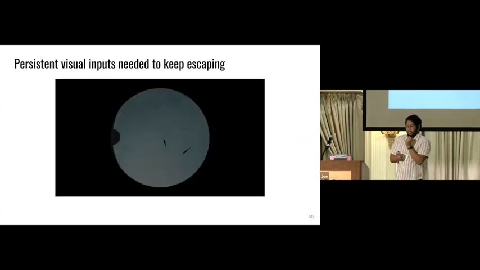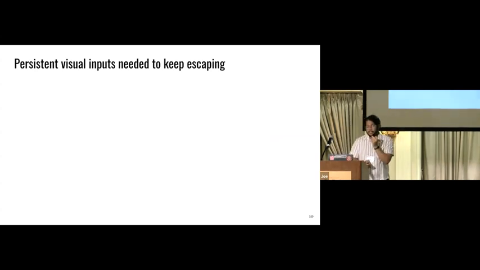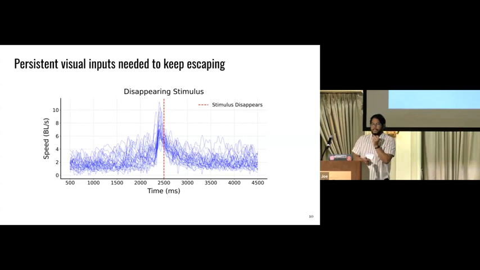So we decided to do a couple of experiments where we manipulated certain things. I'll play a video in a second, but in these experiments, we chased the fishes, and after the fish starts escaping, we terminate the stimulus entirely. So you have the fishes escaping, and the stimulus just goes away after a certain time. If you look at the velocity profiles of these experiments, you see something like this.